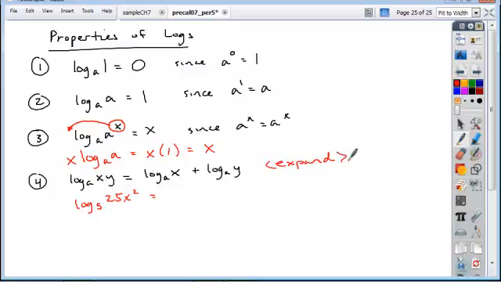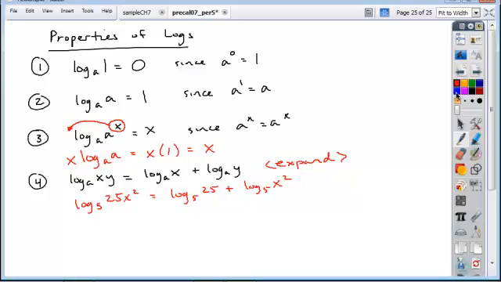What you could do here is take the different factors that are embedded inside the log and separate them. So you could rewrite this as log base 5 of 25 plus log base 5 of x squared. So you can separate those out.